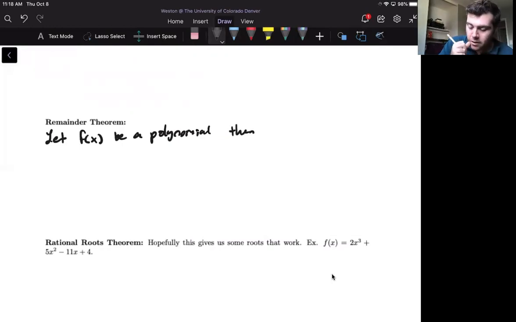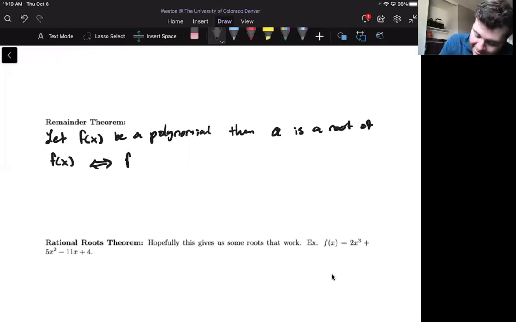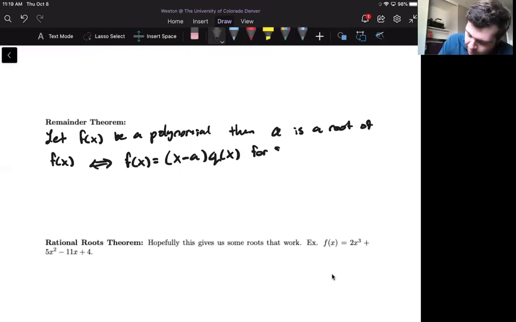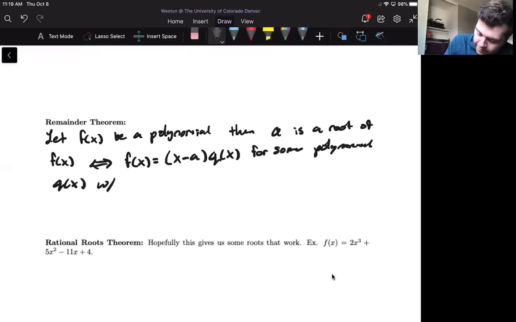Then a is a root of f of x if and only if f of x equals x minus a times q of x for some polynomial q of x with the degree of q equaling the degree of f minus 1.